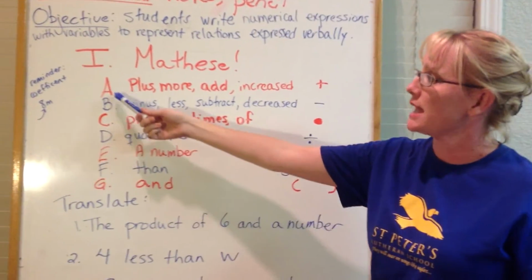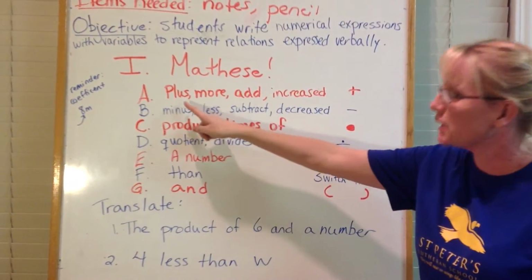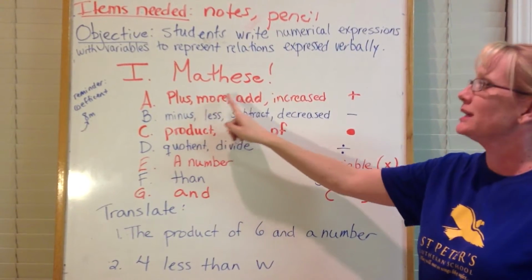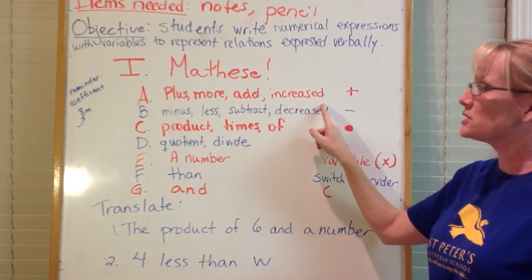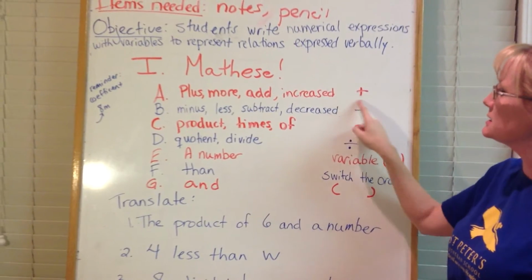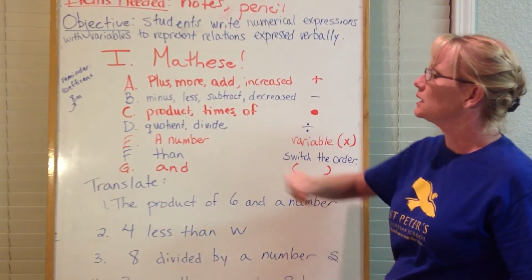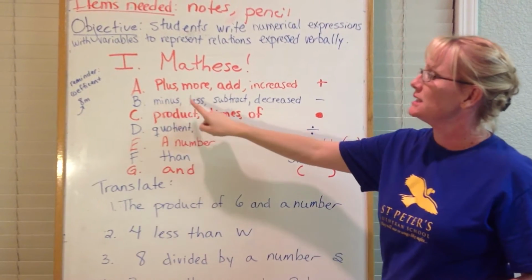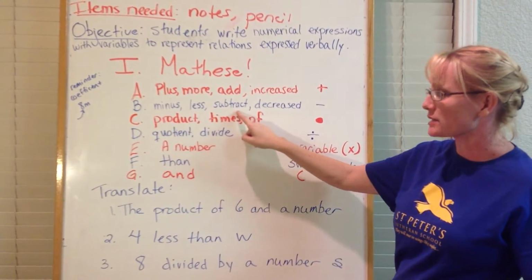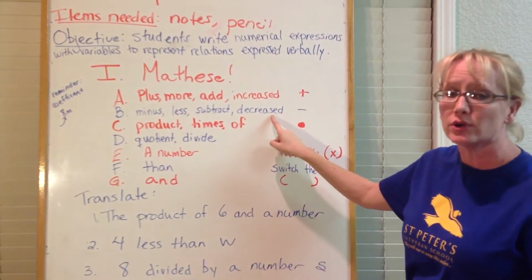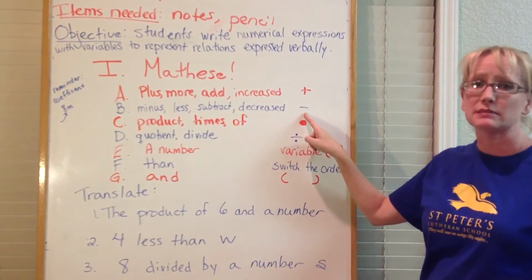The first one is: plus, more, add, increased. All these words mean this symbol. Minus, less, subtract, or decreased. All those words mean this symbol.